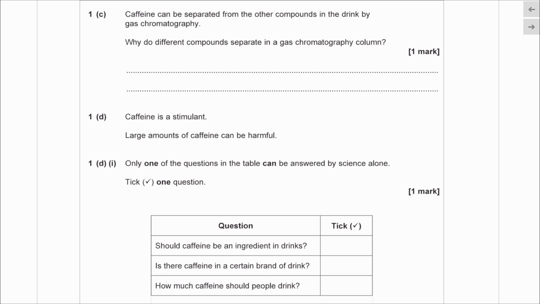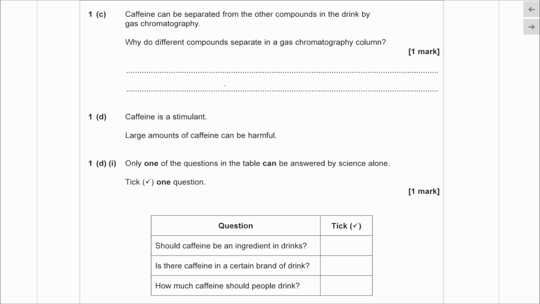1C tells us that caffeine can be separated from other compounds in the drink by gas chromatography. Why do different compounds separate in a gas chromatography column? Now, you should remember that gas chromatography basically works on a similar basis, but it's slightly more complex in that the inside of the column attracts or doesn't attract the different chemicals which you're allowing to travel through the column, and they are retained for a certain amount of time.